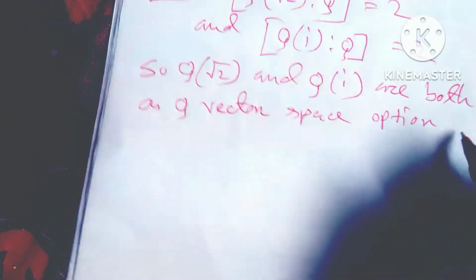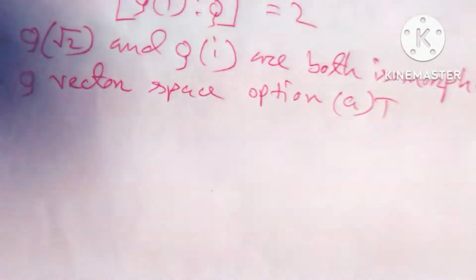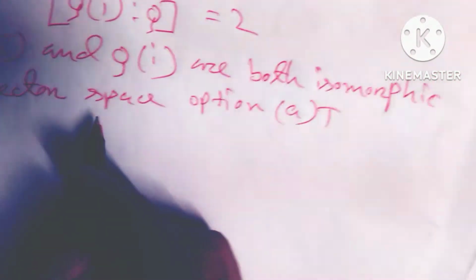Option A is true. Next, friends, is option B. Q(root 2) and Q(i) are isomorphic fields.